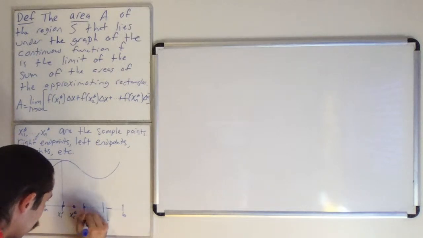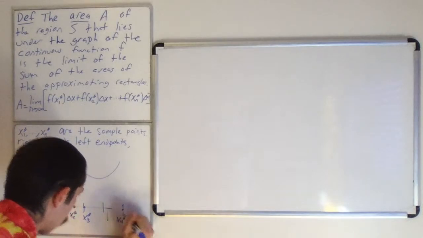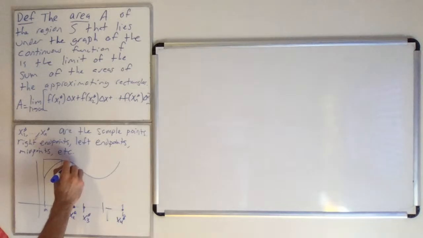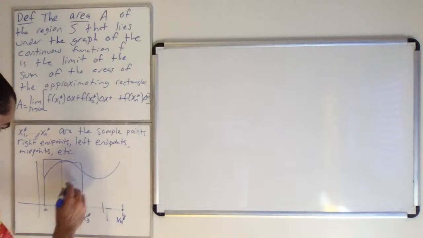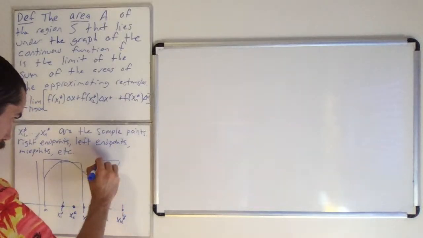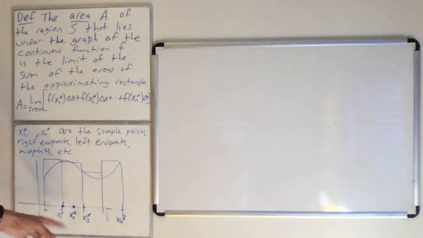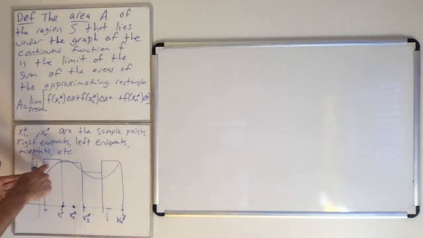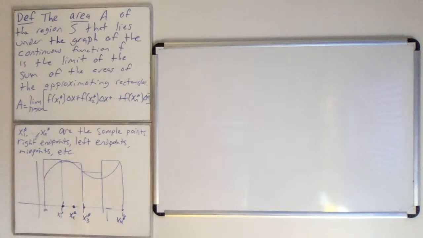Then the left endpoint, and then the right endpoint again. Okay, so what we would do is we would take the limit as the number of rectangles goes off to infinity, and all this error, all these regions that kind of get counted for no, just because of error, would vanish. And we're going to be left with just the exact area under the curve.